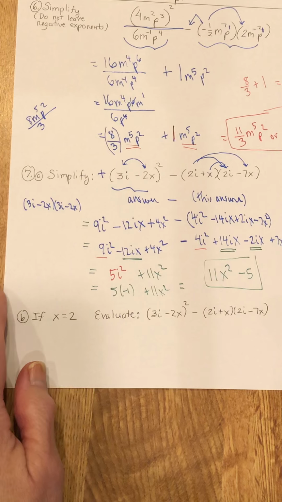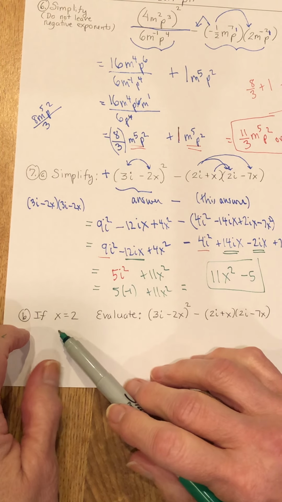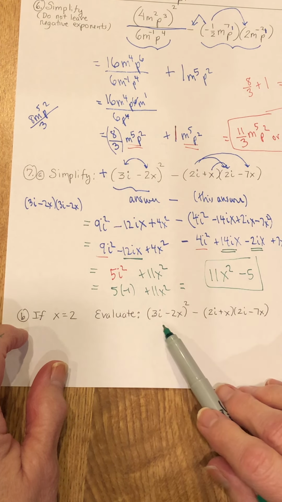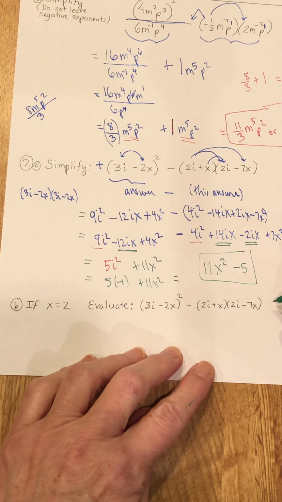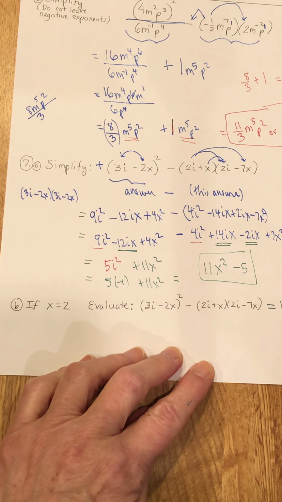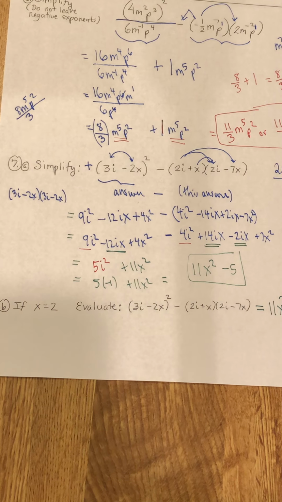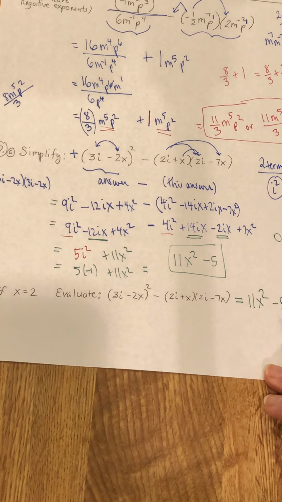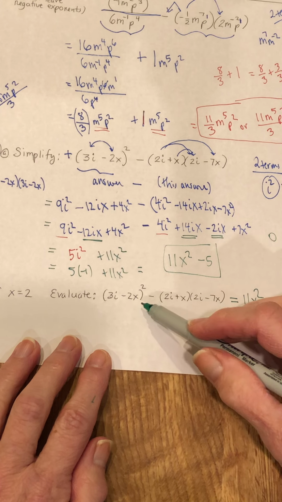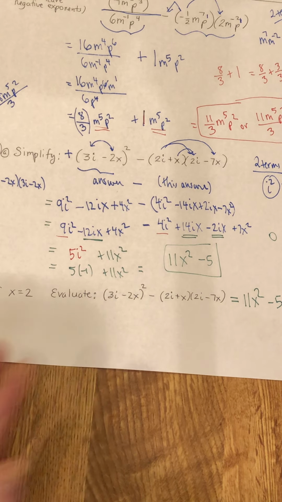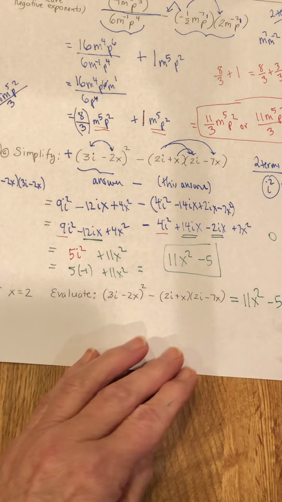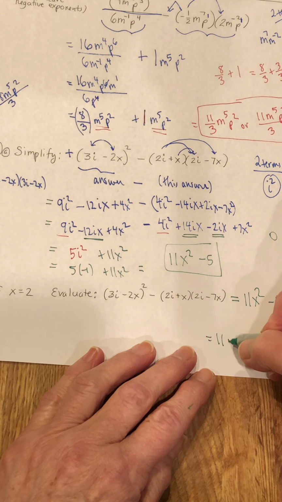So, if you're asked to evaluate this mess here, if x is 2, I mean, you could plug a 2 in and try and mess with that, but if you simplify this, you realize it's equivalent to 11x squared minus 5, which means whatever number I plug in here for x, I'm going to get the same answer as if I plug in here for x, because that's what equivalent expressions do. So I'm going to use the simplified form.